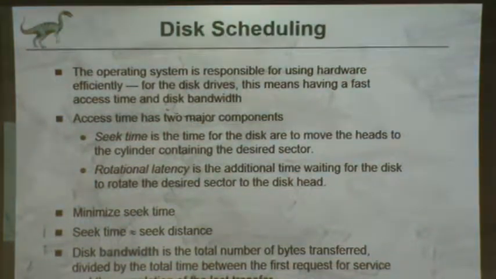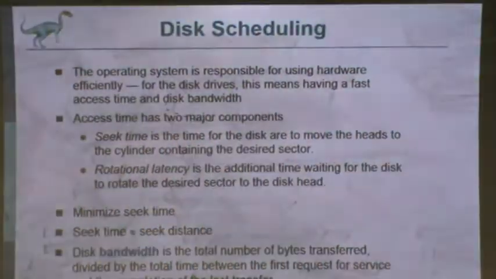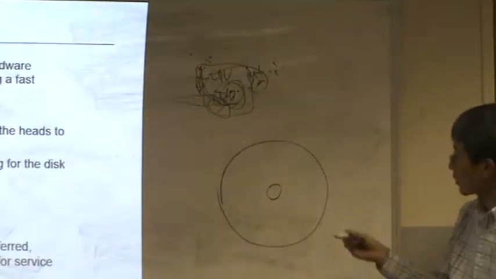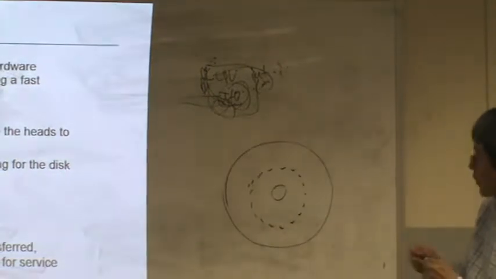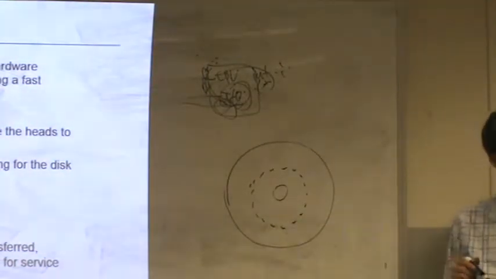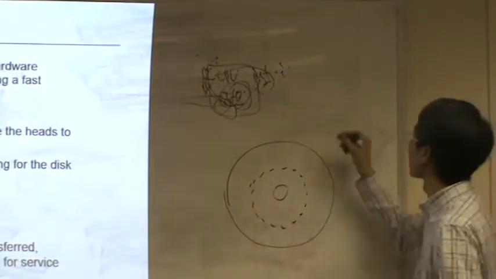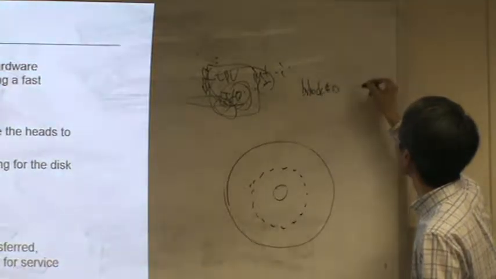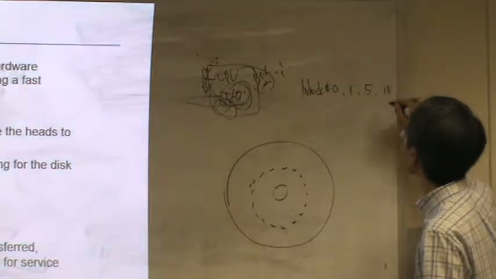Then the main problem of storage management is, for example, when you access the data. This is a cylinder. There are a number of requests to access the data: block number 0, next one is 1, next one is 5, next one is 10, something like that.